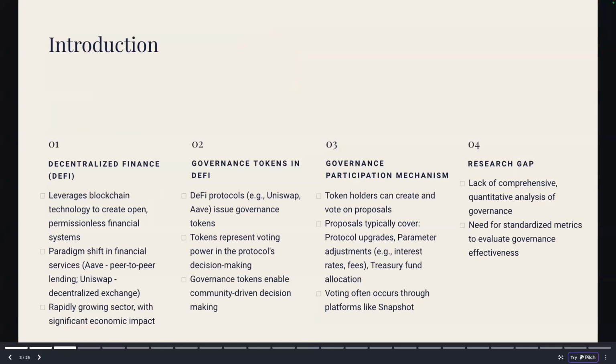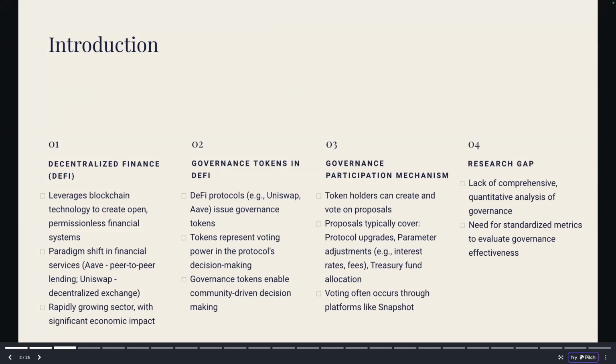With the emergence of Ethereum and smart contract-based infrastructure, a new industry emerged called decentralized finance. Decentralized finance wants to create an open, permissionless financial system, which is a paradigm shift in financial services.